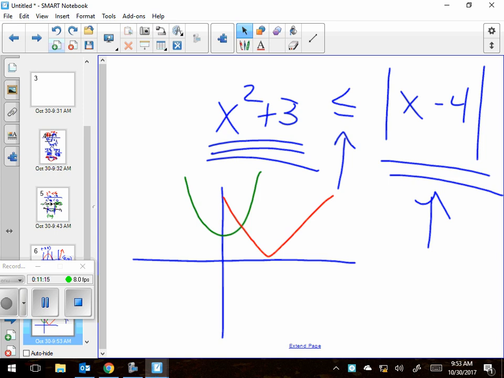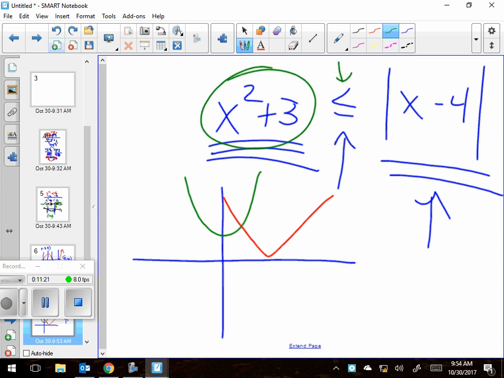Okay. Where is the parabola less than or lower than the absolute value? Here's the parabola. Here's the absolute value. Do you get in this little zone right in here that the parabola is underneath the absolute value? It's lower than it. Now, if I extend this out, as this gets wider and wider and wider, and this one's going to follow a straight line course, I don't think they will ever intersect again.